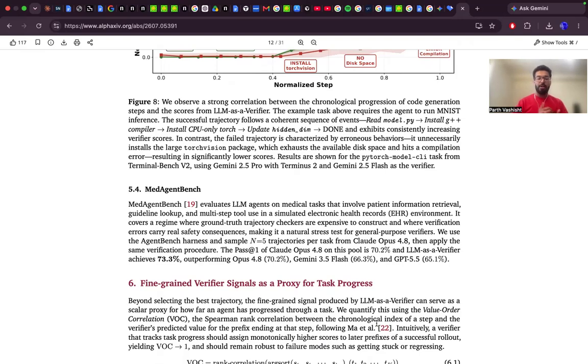We use the AgentBench harness and sample n equal to 5 trajectories per task from Claude Opus 4.8 and then apply the same verification procedure. Okay, makes sense. So the pass at 1 for Claude Opus 4.8 on this is 70.2%.